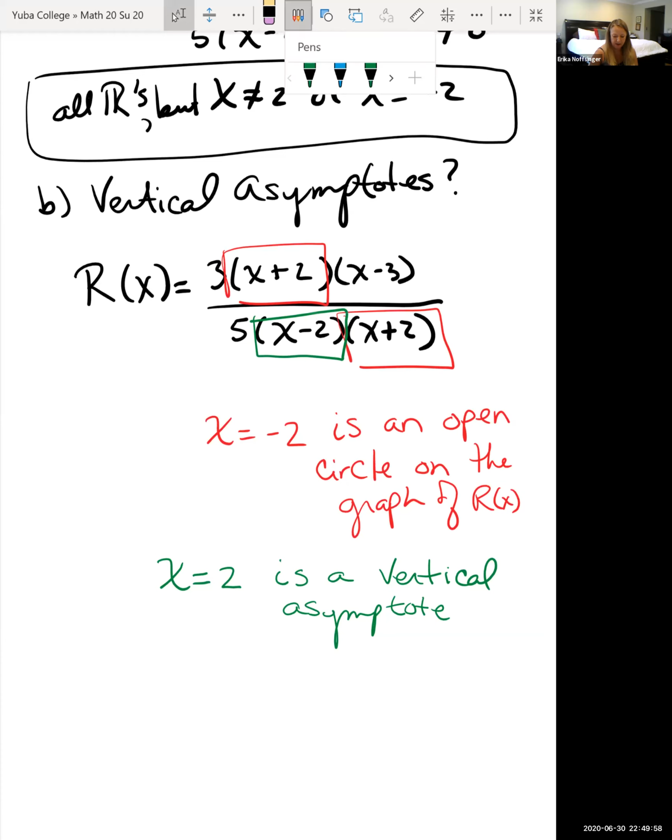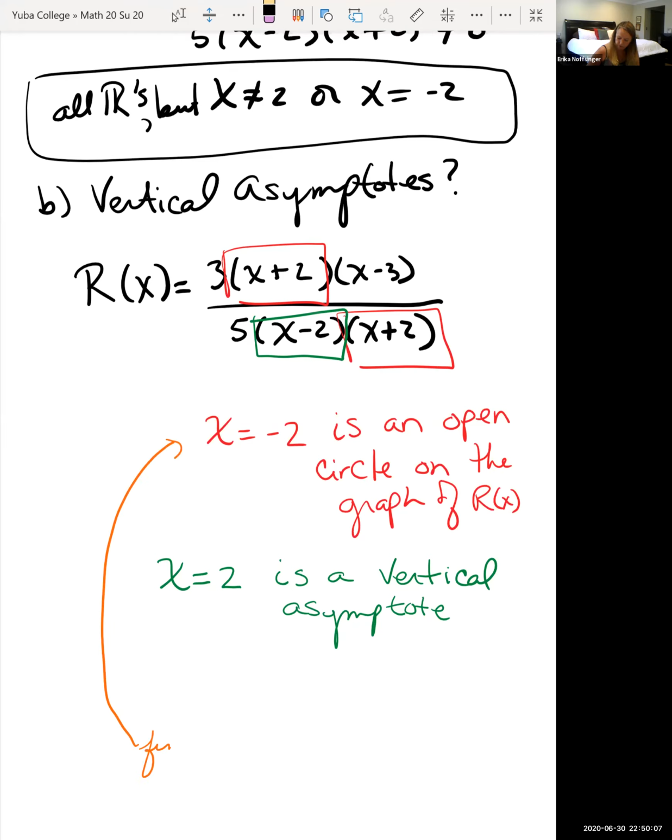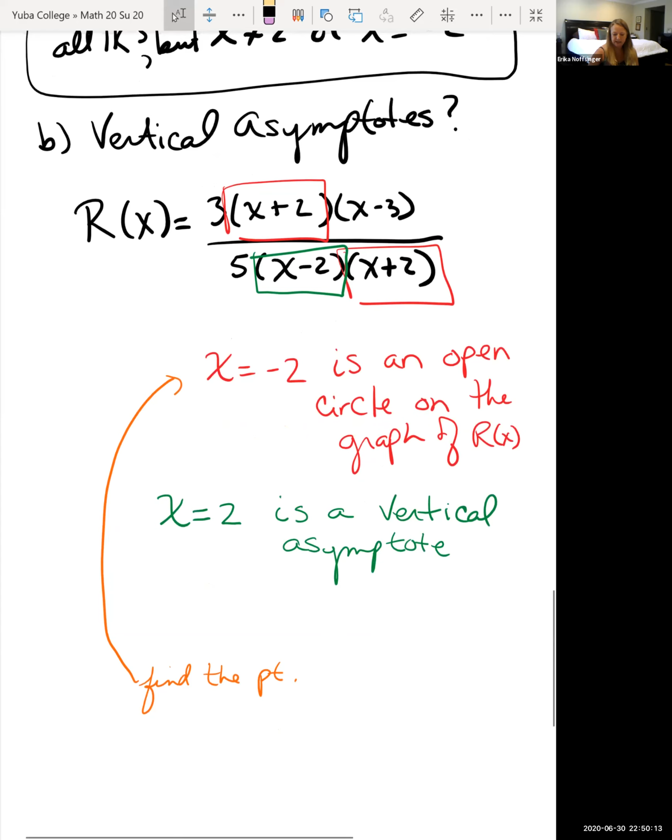So to find the point where it's an open circle, basically, if we just simplify this and cancel out our x plus 2's, x still can't be negative 2 because that's not our original function.